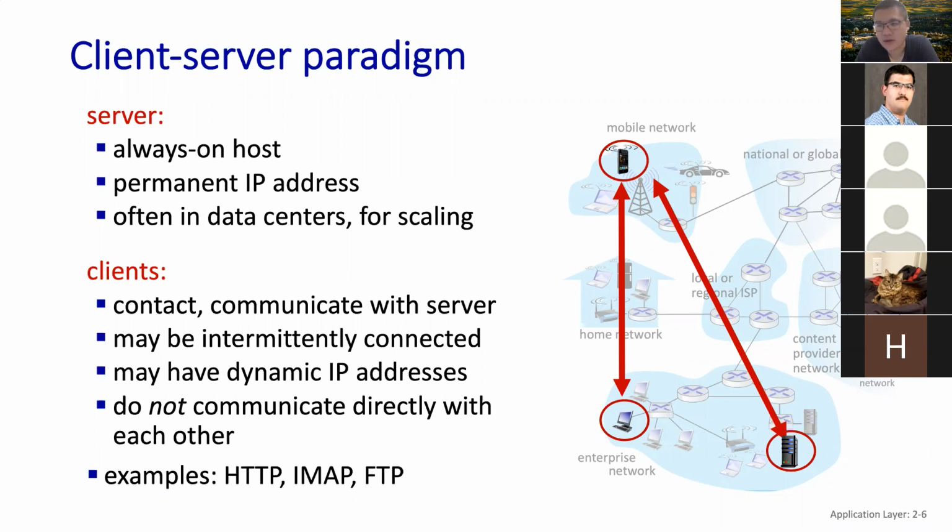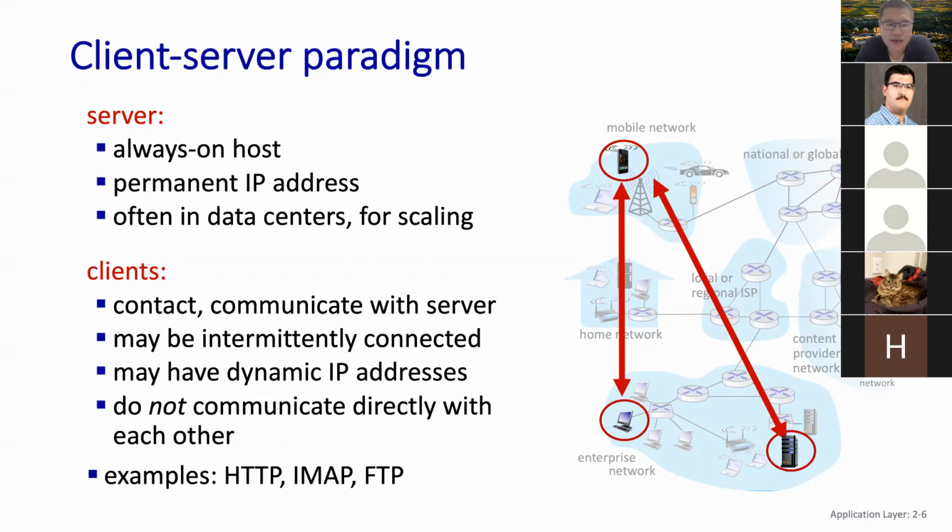It will have a permanent and static IP address for stability. And it is often in data centers for scalability, right? Because sometimes there are a lot of requests to the servers, right? In the data center, if you establish the server side, you can guarantee the scalability, okay? Or guarantee a lot of responses can be processed at the same time.